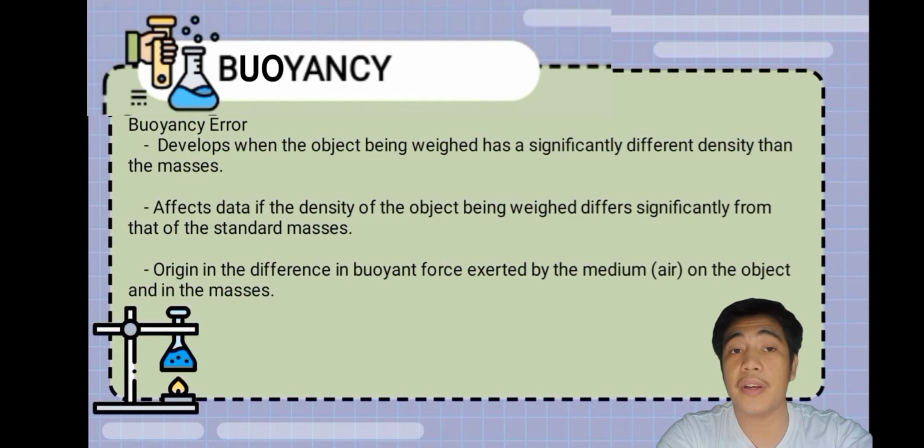First is the buoyancy. Buoyancy error is the error that develops when an object being weighed has a significantly different density compared to the mass, thus affecting the data.